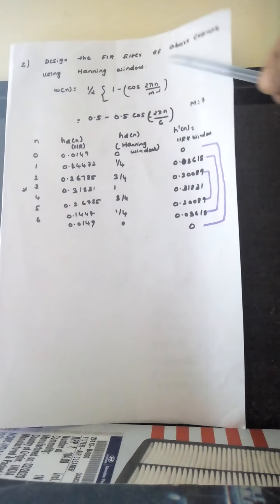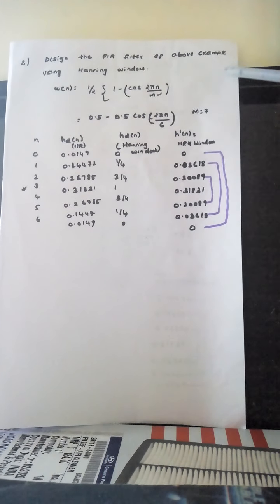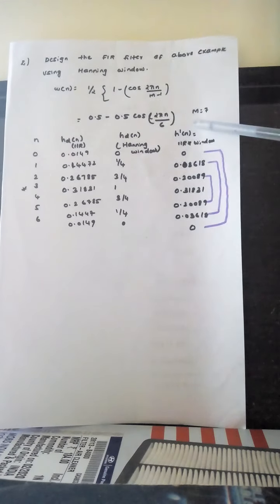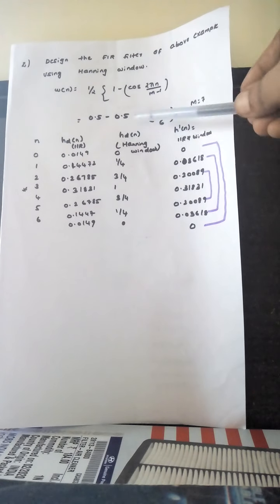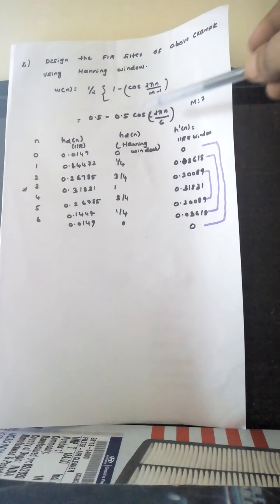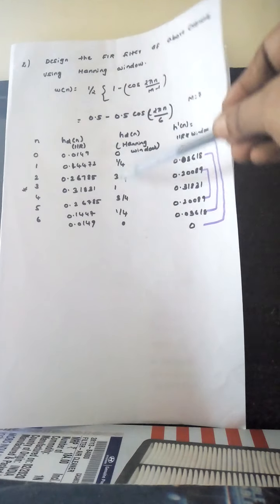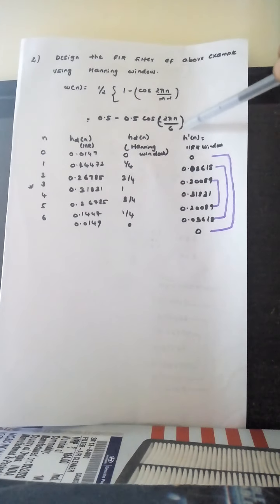Next one is the same: design the FIR filter of the above example using a Hanning window. The procedure is everything the same. Previously we used the rectangular window, where the magnitude is 1, 1, 1, correct? Here it is a Hanning window. This is the formula. In this we substitute n as 0, 1, 2, 3, 4, 5, 6, and we get this term.